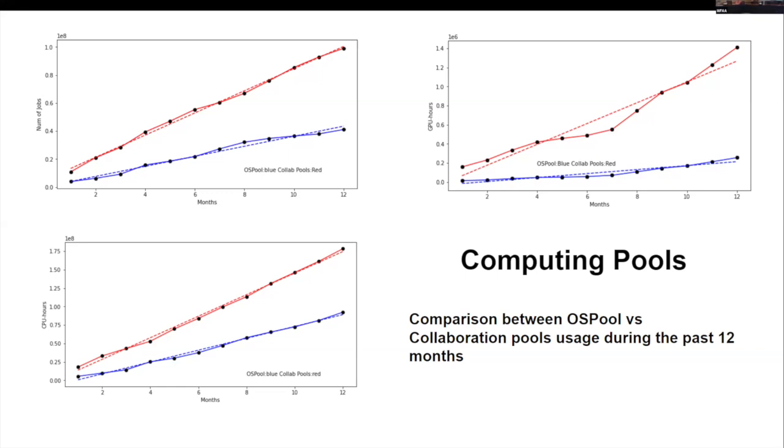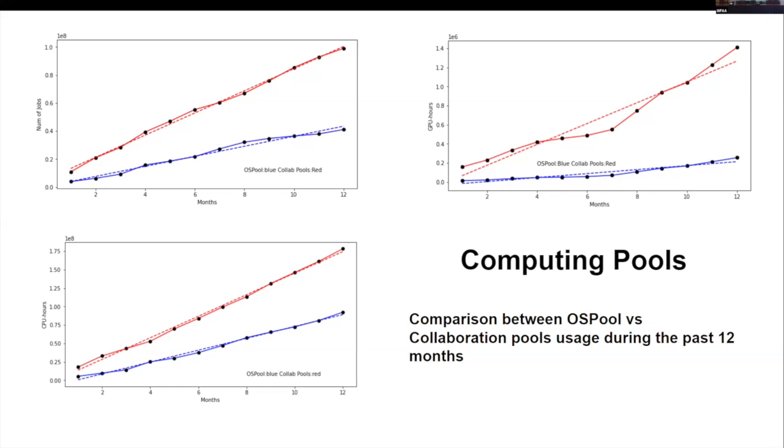The only thing that stands out in terms of growth is the red line for the GPU hours on this graph. There is an upward trend. That means that there is an acceleration in the usage of GPU resources for the collaborations that use their own pool. Now, I use collaborations in plural, and it is plural, but for this graph, effectively just think there are actually 2 collaborations that dominate.